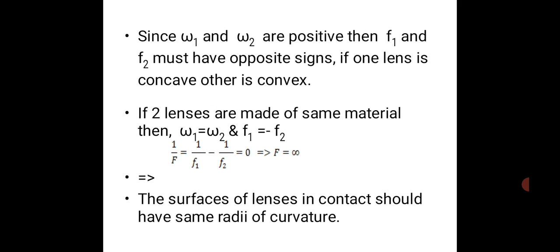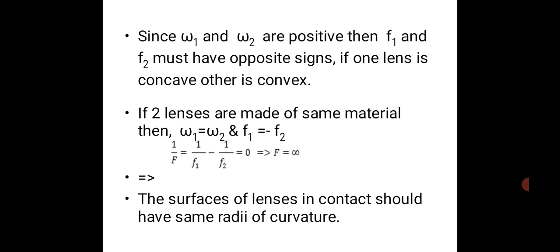Since omega 1 and omega 2 are positive, f1 and f2 must have opposite signs. If one lens is concave, the other should be convex. If two lenses are made of the same material, then omega 1 equal to omega 2 and f1 is equal to minus f2.